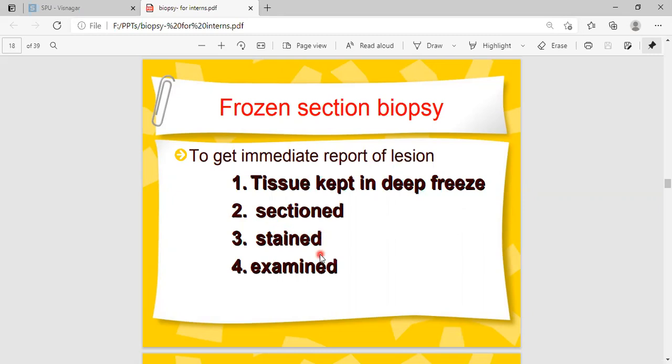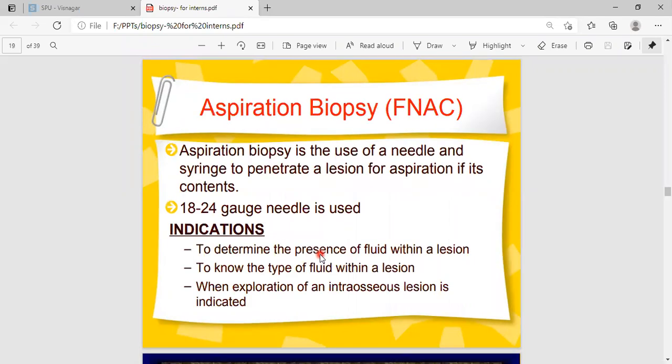So when you are doing the surgery, at that time only you will get the report whether you have achieved successful resection of the pathology or not. If you have not achieved it, you can extend your resection during the surgery. So you get an immediate result in these cases.